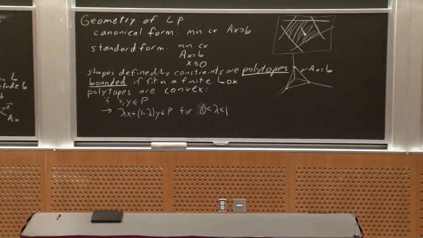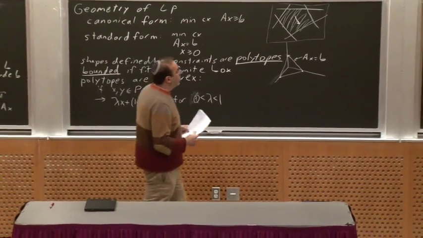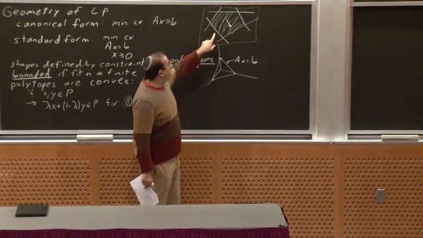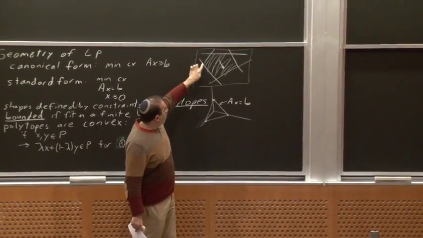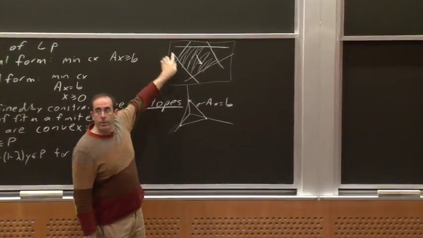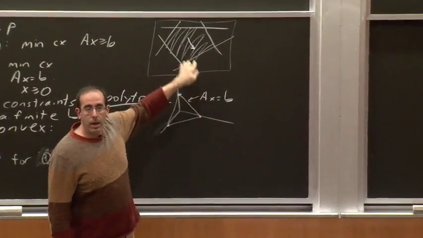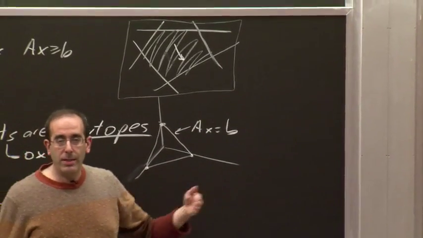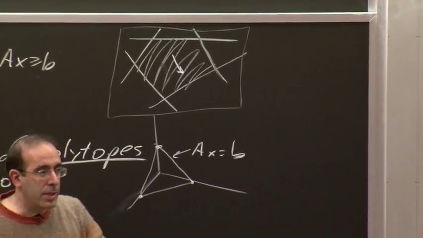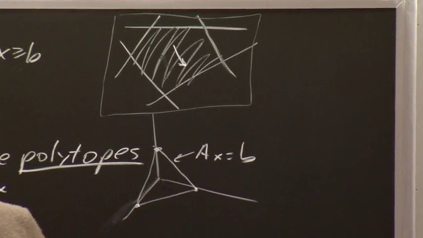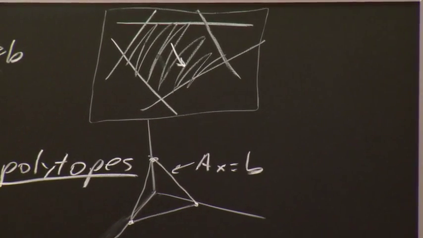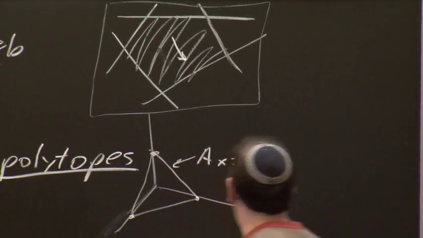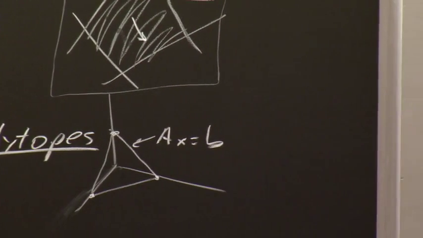Is this obvious? Or, sorry, that's a very bad question to ask. To see this, notice that a single hyperplane, a single constraint, can be shown to be convex. If x satisfies the constraint and y satisfies the constraint, then this line from x to y is also going to satisfy the constraint. And so now you just take the intersection of all that in order to infer convexity of general polytopes.